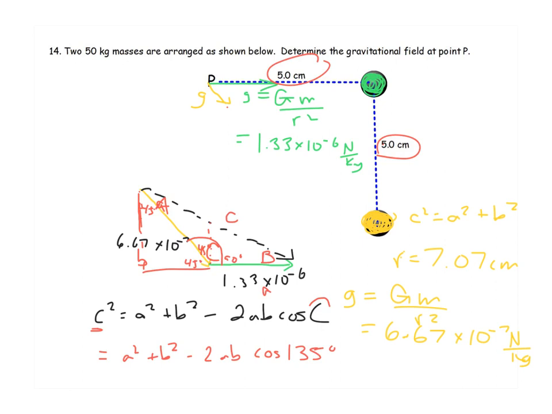So C squared is A squared, 1.33 times 10 to the negative 6 squared, plus B squared, 6.67 times 10 to the negative 7 squared, minus, and I'll do brackets, 2 times 6.67 times 10 to the negative 7 times 1.33 times 10 to the negative 6 times cos of 135.